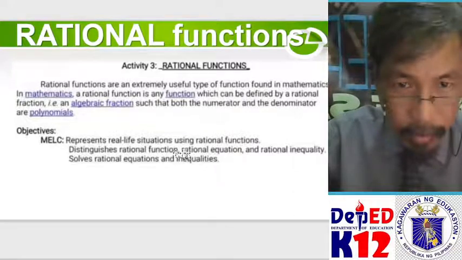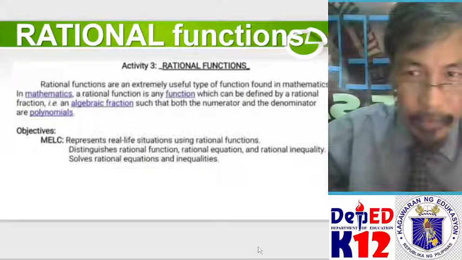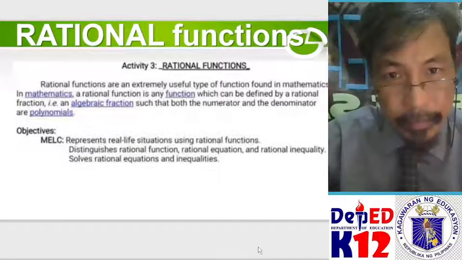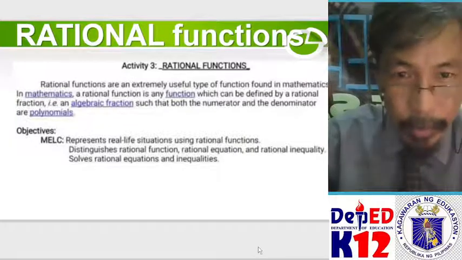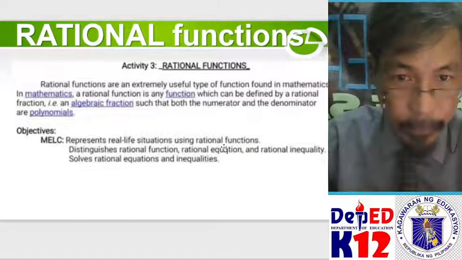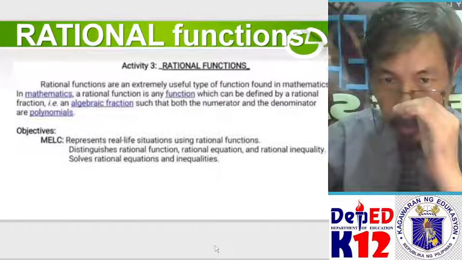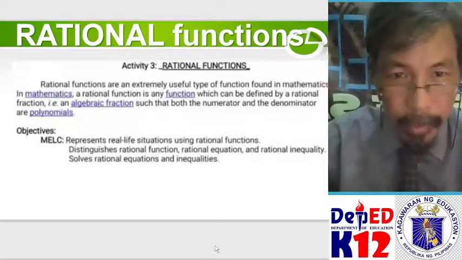Very simple. Rational function: without an equal sign, but it involves algebraic polynomials. Rational equation: with an equal sign and involves rational polynomials.